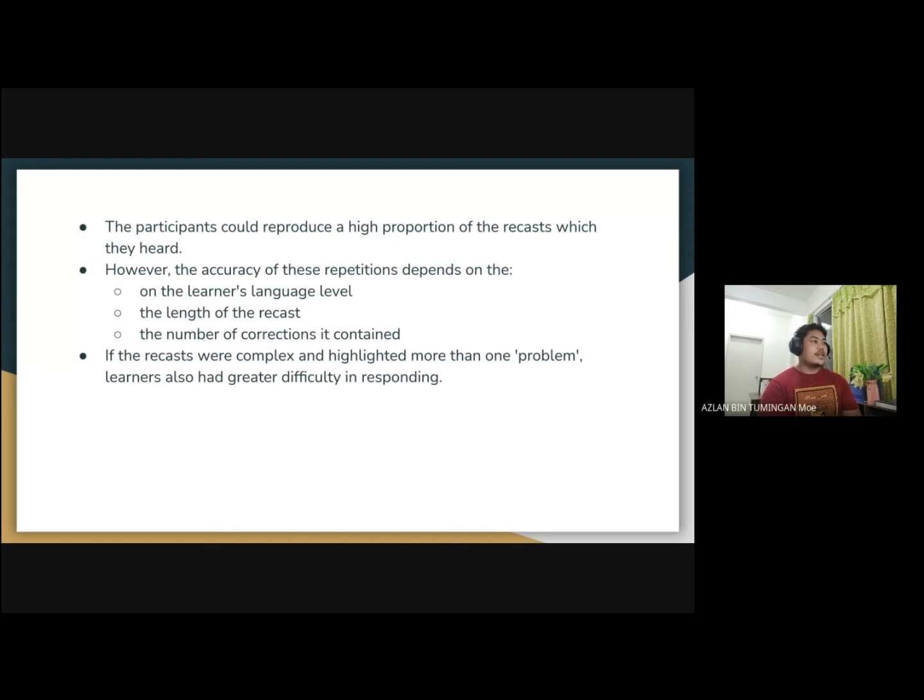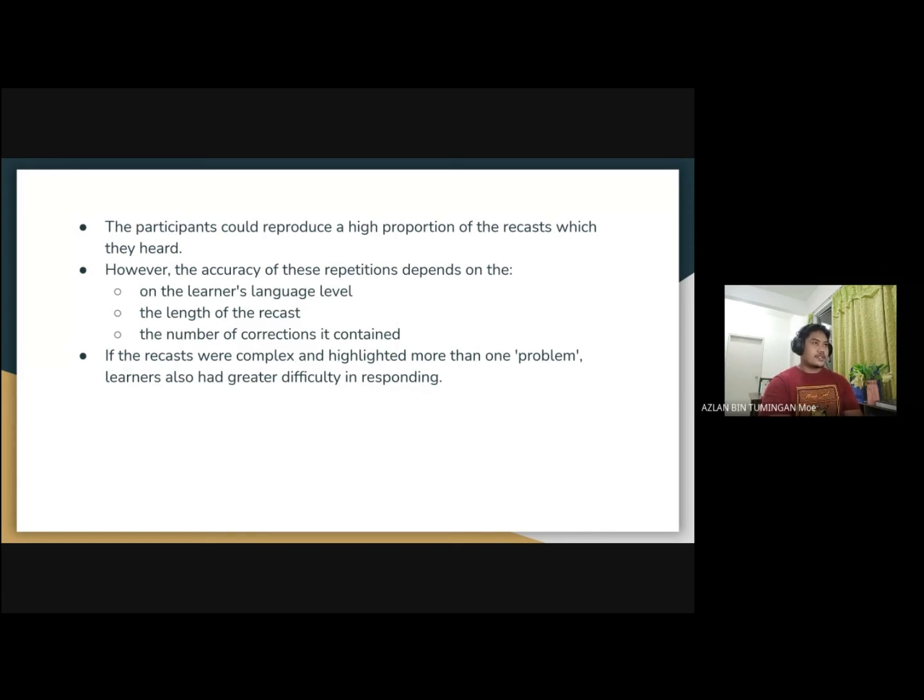And then the number of corrections it contained. So the fewer corrections, I think, maybe the higher the memory intake. So if the recasts were complex and highlighted more than one problem, learners had difficulty in responding. So the more recasts they gained and the more complex they seemed, learners had difficulty in understanding them.